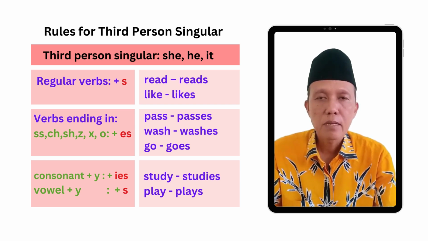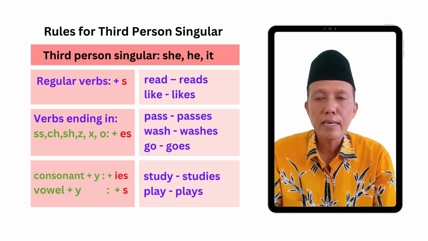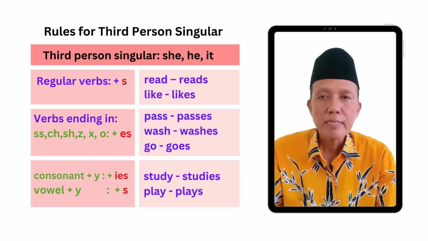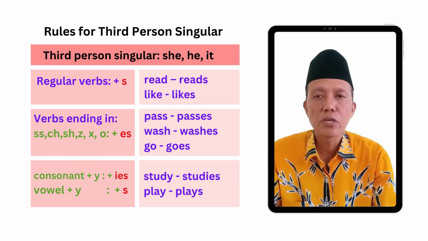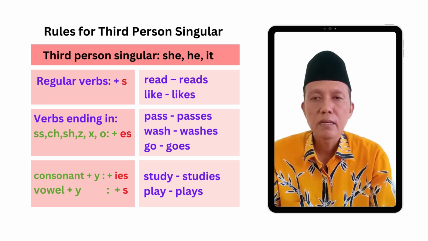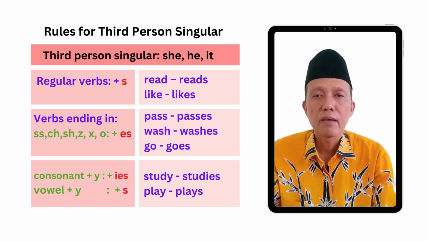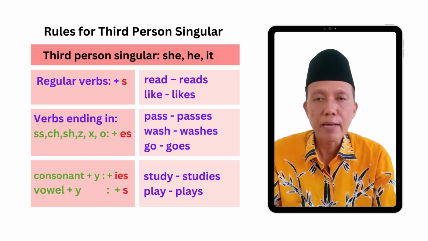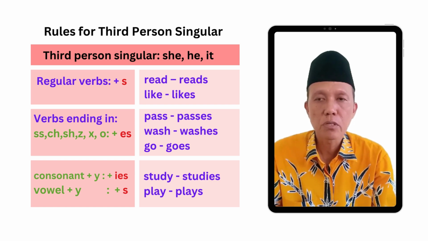Like becomes likes. For verbs ending in SS, CH, SH, Z, X, or O, we add ES. For example, pass becomes passes, wash becomes washes, go becomes goes.